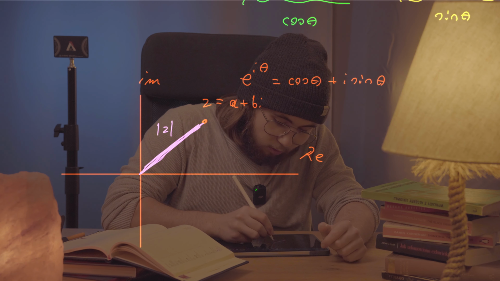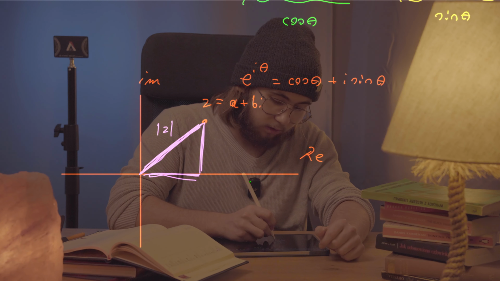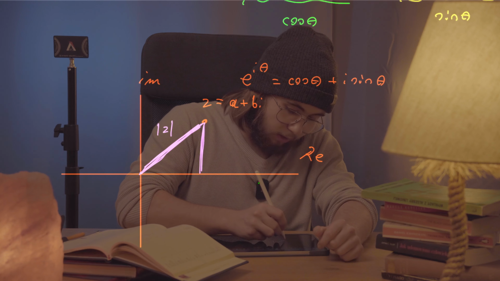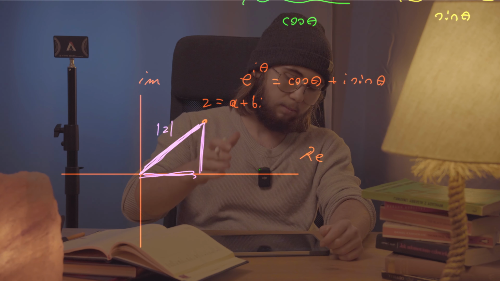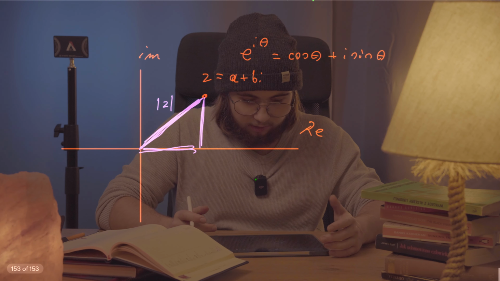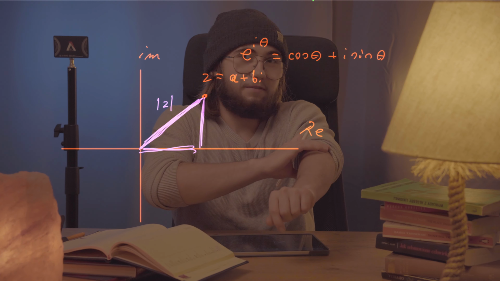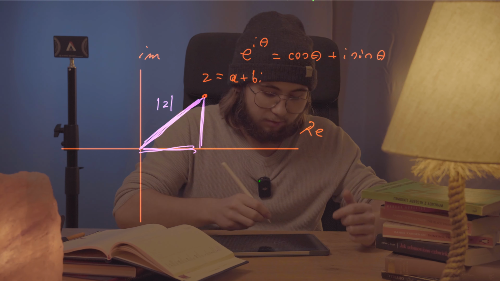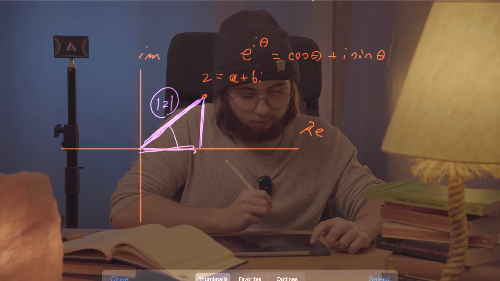And now if I were to mark the two distances, the vertical and the horizontal one, that when walked together will get me from the origin to that point z, I can actually pretty nicely get the formulas for those.